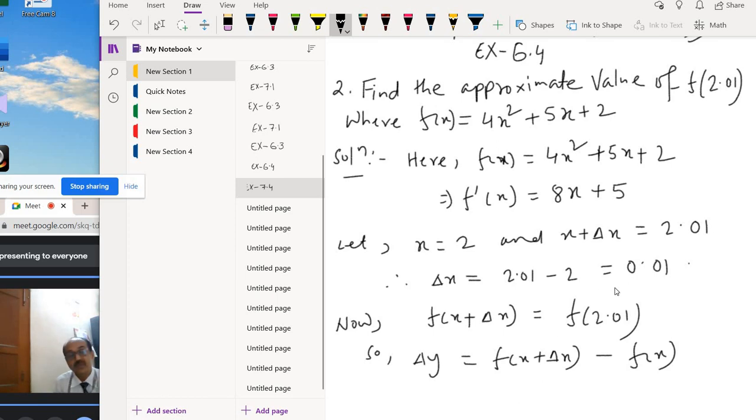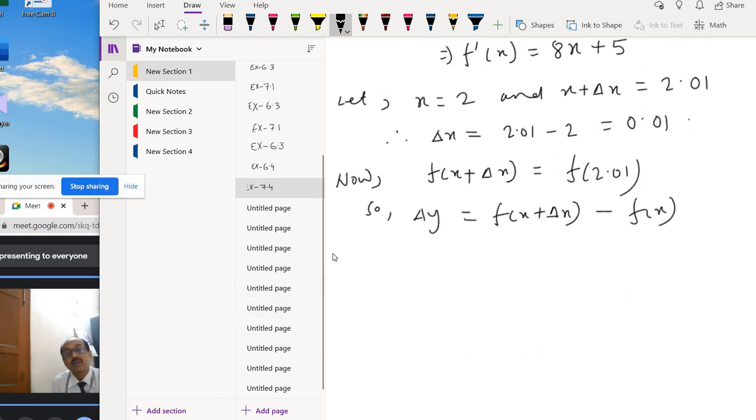So delta y plus f(x) equals f of x plus delta x.